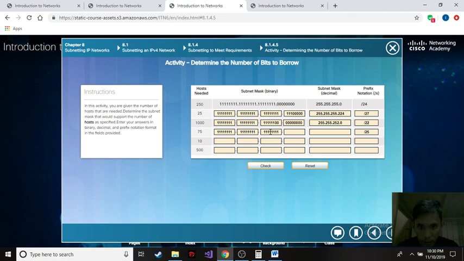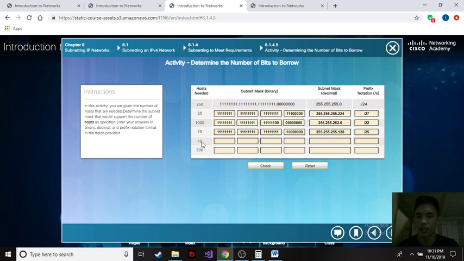The remaining will be 0. So here we will just convert it to the subnet mask decimal, which is 255.255.255.128. So next the host needed will be 10.